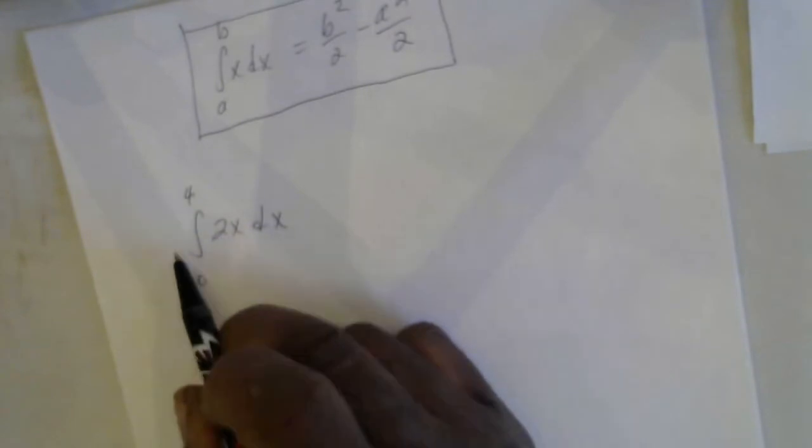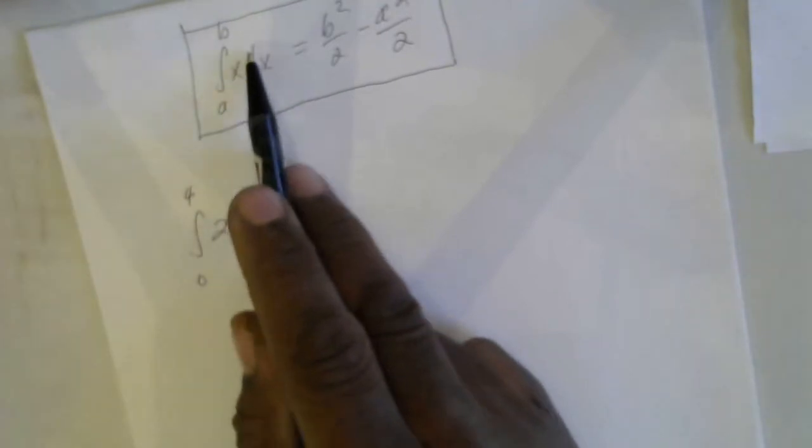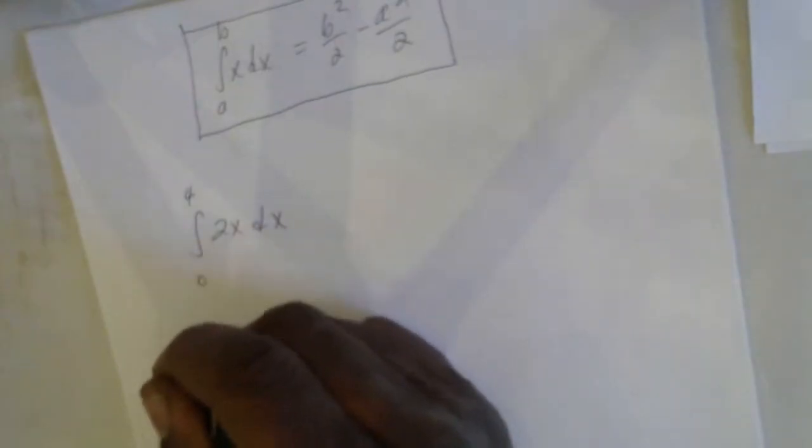So the first thing I'm going to do is pull this constant in front of the integral operator. Notice in order to use this formula, I must specifically integrate x to the first power. The coefficient is understood 1. So I'm going to pull 2 in front of the integral operator.